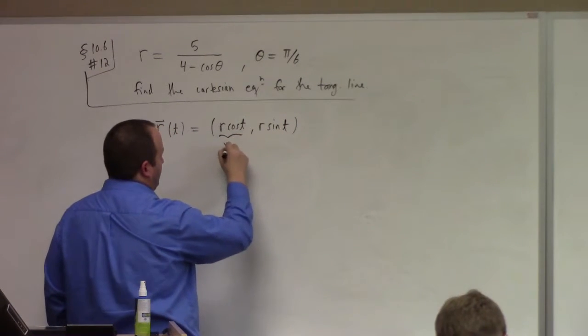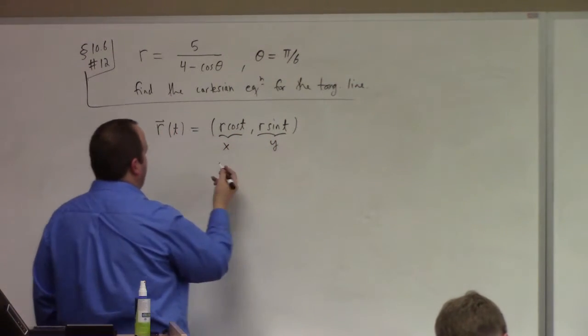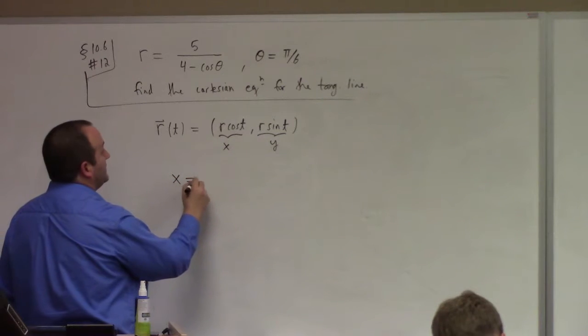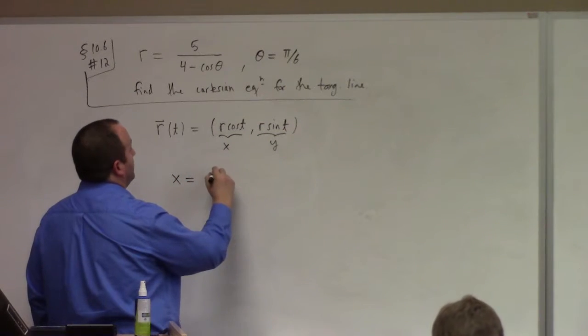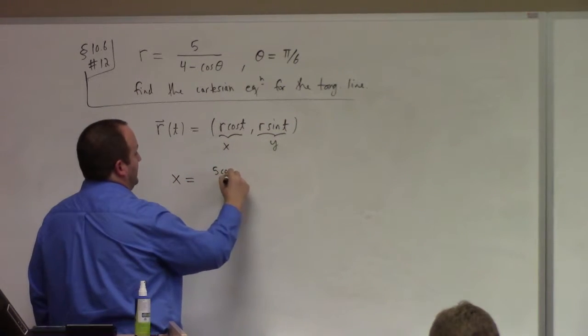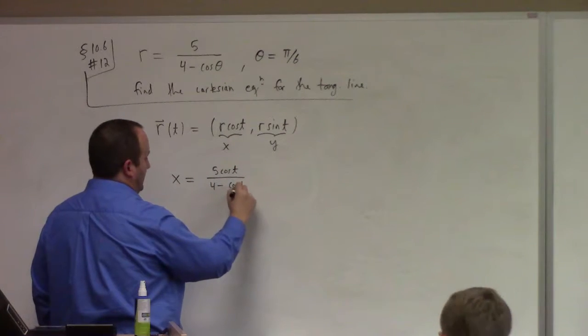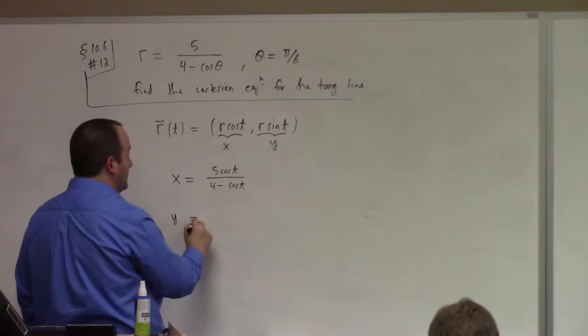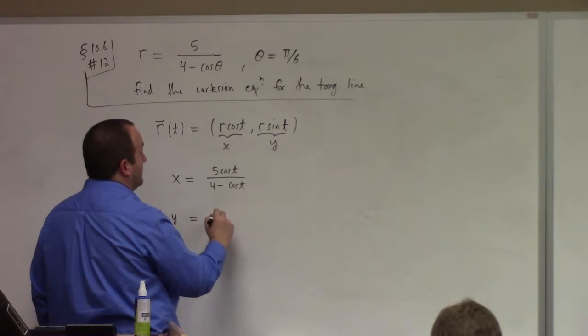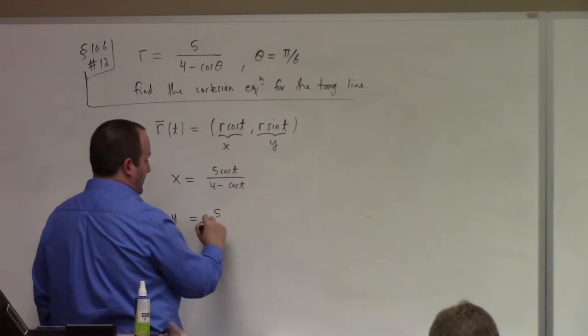I mean, this is my X, this is my Y. To be more explicit, X equals 5 cosine of T divided by 4 minus cosine T, and Y is equal to R, which is 5 over 4 minus cosine T.